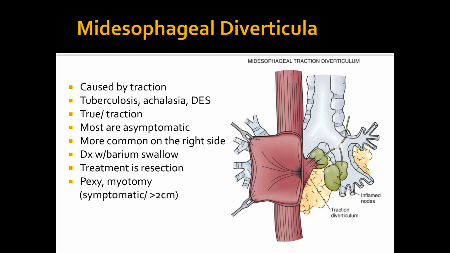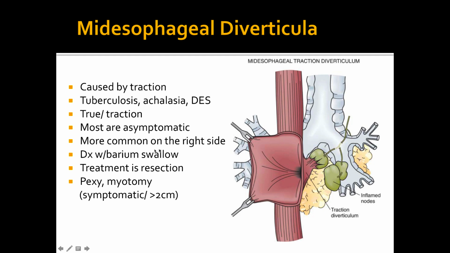All right, the mid-esophageal diverticula. This was more common back in the day when tuberculosis was very common. Patients would get caseating necrosis of the mediastinal lymph nodes that will cause scarring on the esophagus and pull on the esophagus, causing these true diverticula.